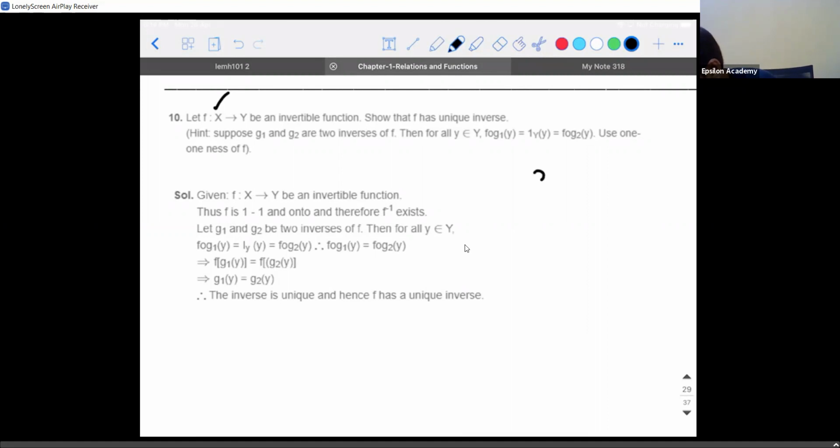If g is the inverse of it, then f circle g should give you I and g circle f should also give you I. So f circle g will give you I of Y and g circle f should give you I of X. All these things are covered under the single word invertible function. If f is a function which is invertible, then you need to show that it will have only one inverse.